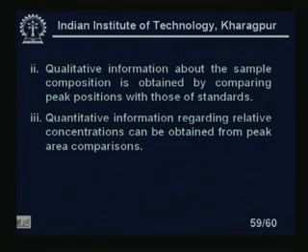We are measuring relative concentrations, not absolute, making a relative comparison, in gas chromatography, because we need the injection and it is only 10 microliters, that is the best. The smaller the sample, the better the detection. Quantitative information regarding the relative concentration can be obtained from the peak area comparison.